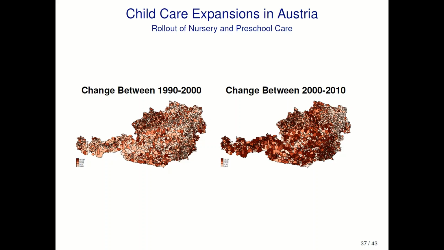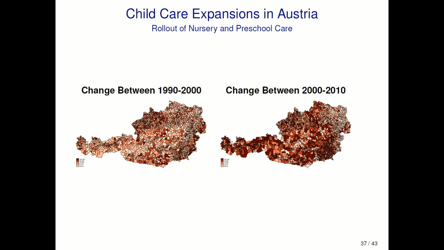So what's the general concern with this kind of design? The general concern is that these childcare expansions might not be exogenous, but rather a response to an underlying demand for childcare, which reflects labor supply changes that are already happening, right? So the concern is labor supply increase over time.